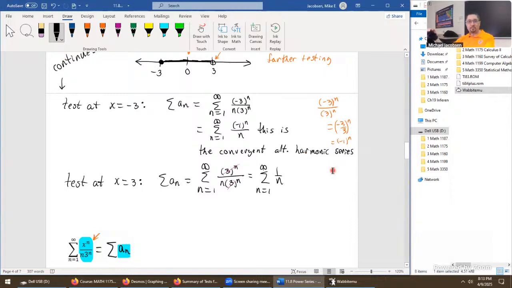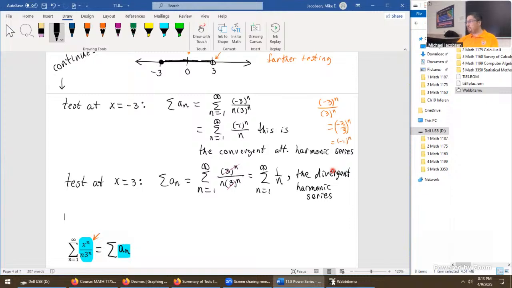But if you think about the number of things you write down, you might just say p-series, p equals 1 diverging. That's maybe slightly less work depending on how you write it. But let's say that this is the divergent harmonic series.